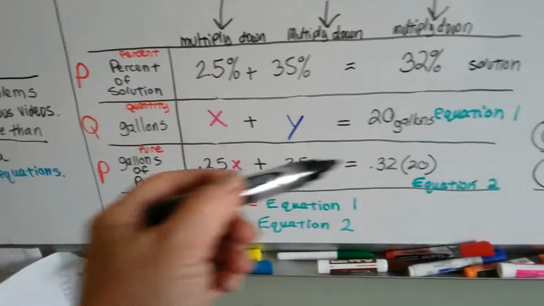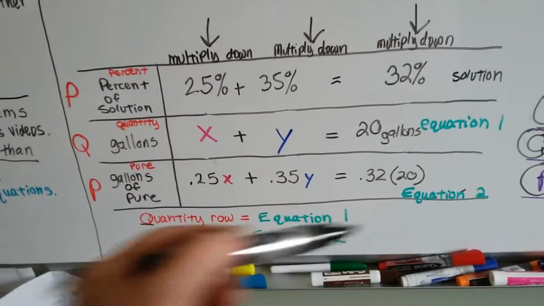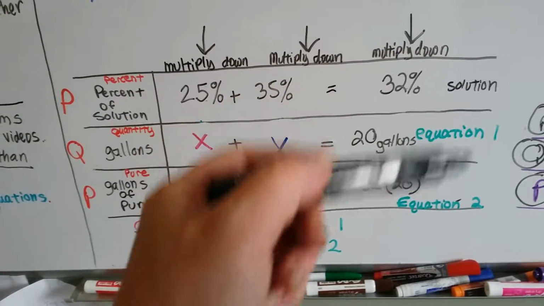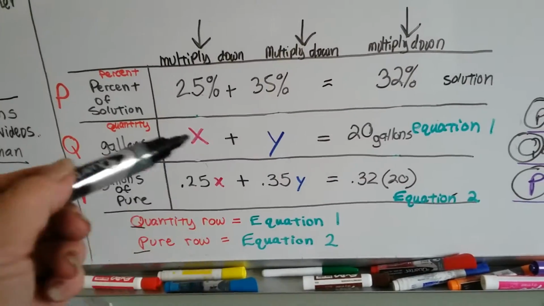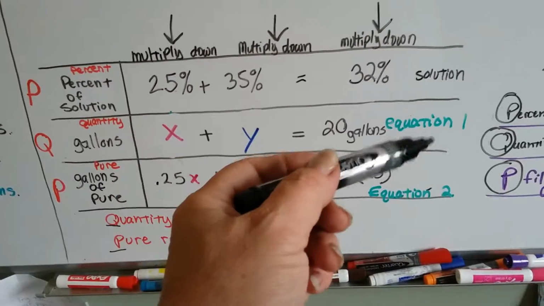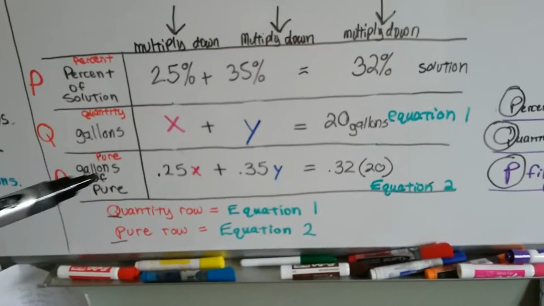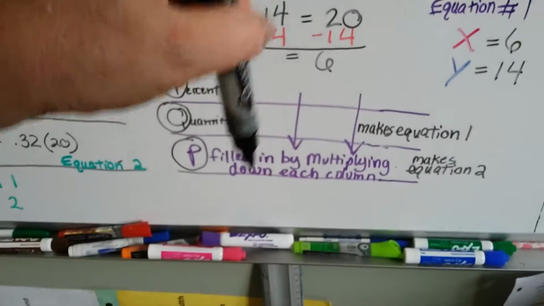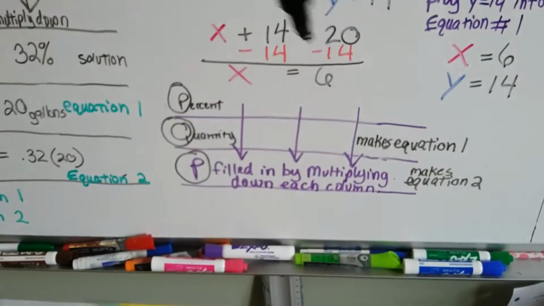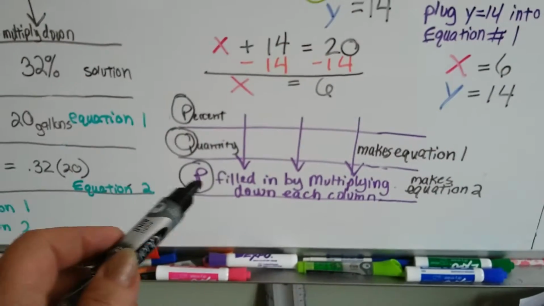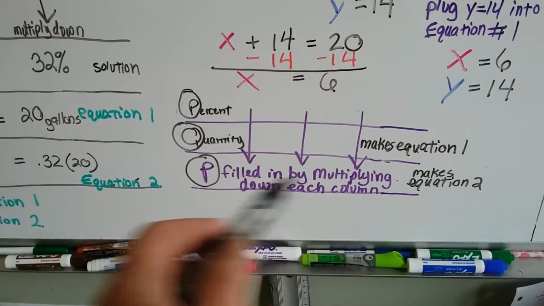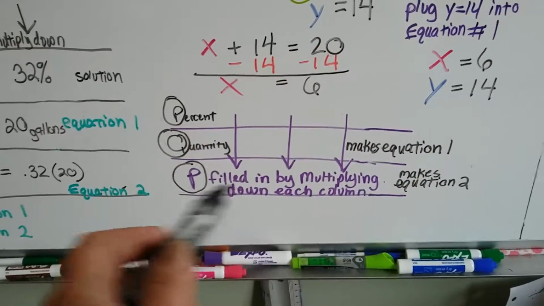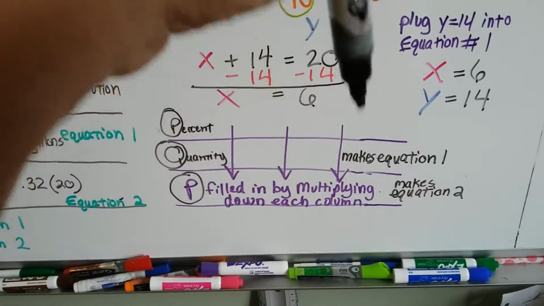Now, this line was easy because it was given to us in the word problem, and this is what we assigned as the variables to equal the 20 gallons. That's our first equation. But to get our second equation, we're going to multiply straight down in each of the 3 columns, and that is going to fill in your second equation, by multiplying straight down on these.